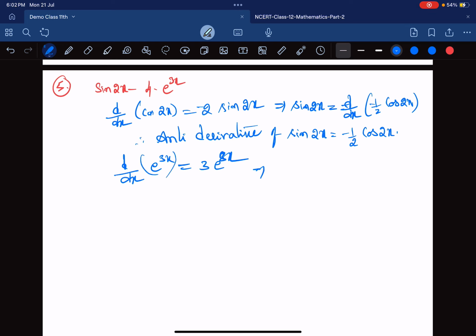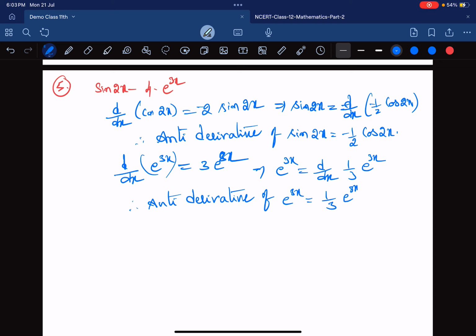So from this, e power 3x is equal to d by dx of 1 by 3 e power 3x. So therefore, the antiderivative of e power 3x is 1 by 3 into e power 3x.